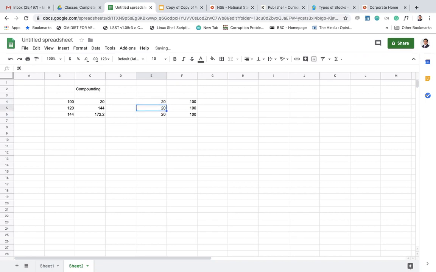So in 3 years, you will have kept 60 rupees aside, and at the third year your total sum will be 160 rupees. However, if you keep reinvesting, your total sum will be 172 rupees. So the stock market works on the philosophy of the power of compounding. When companies earn money they reinvest, and that's how they become larger companies over a certain period of time.